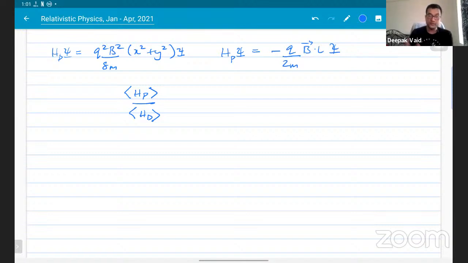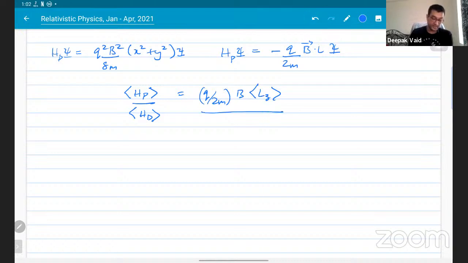And in this case, we don't need to do all of that because we are looking at order of magnitudes, right? So if you look at H paramagnetic and you look at the expectation value, well, the minus sign doesn't matter, obviously. You get Q by 2m, then you will get the magnetic field. And then you have the expectation value of the L Z operator, right?